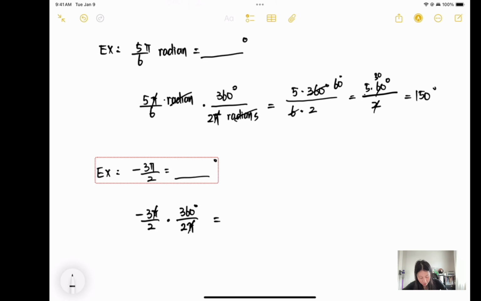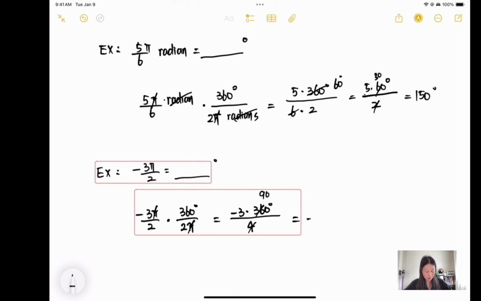Negative 3 times 360 degree over 2 times 2 is 4. And then 360 divided by 4 gives you a 90. So that I have a negative 3 times 90, so is negative 270 degree.